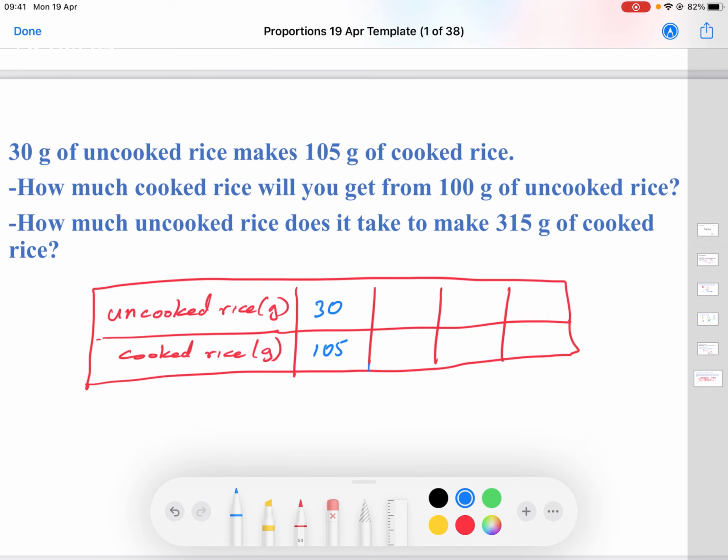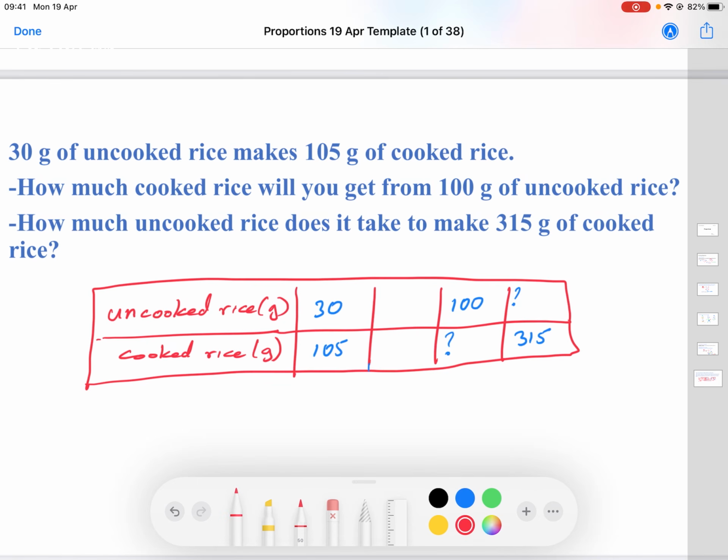Now our question is, if there is 100 gram of uncooked rice, how much cooked rice will it give? And the second is, if you are getting 315 grams of cooked rice, how much uncooked rice should there be?